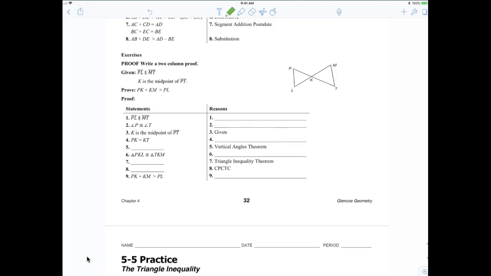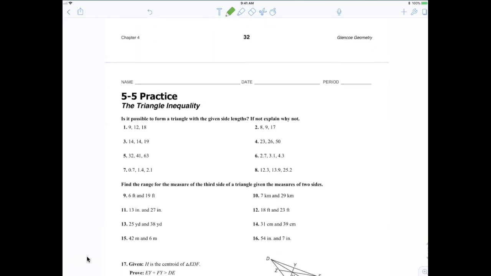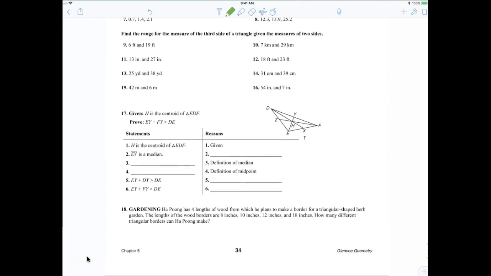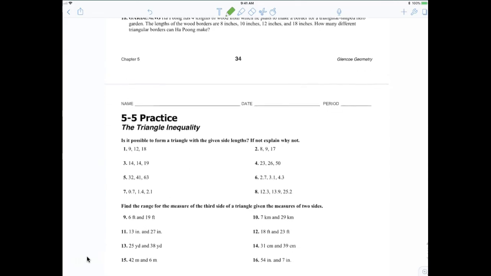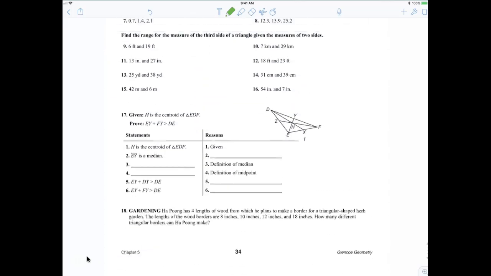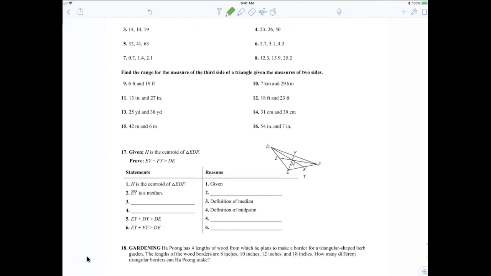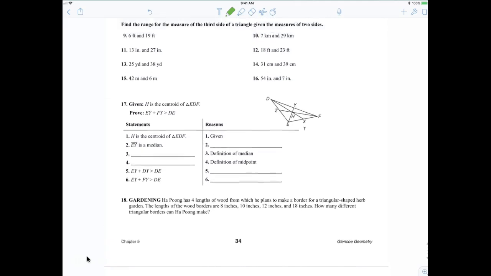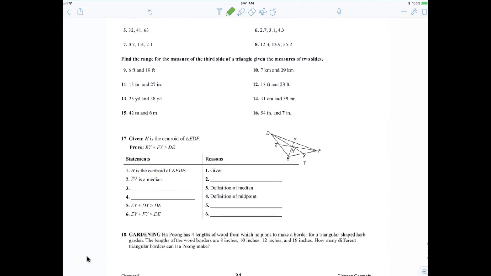So I think we're going to work on the proofs tomorrow from this chapter. Right now, I want you to work on just the next sections. Like I said, we will do the proofs tomorrow. So all you have to do is those next 2 worksheets. Very, very simple. You should be able to get them done.